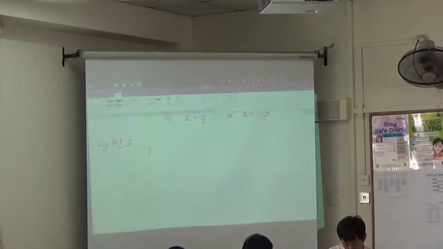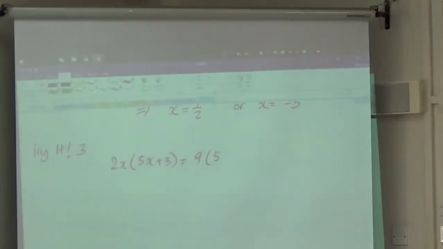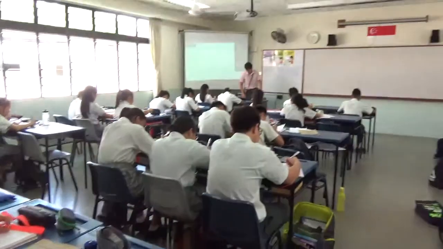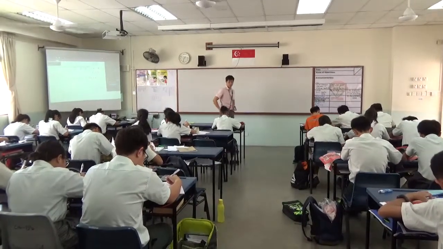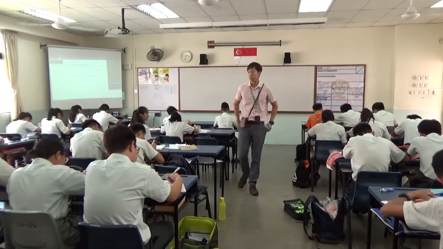So, I now want you to try Try It 3. Solve the equation 2x multiplied by 5x plus 3 equals 9 multiplied by 5x plus 3. Solve this. Again, this time I'll give you 2 minutes. We'll stop at 1:35. Try 3 at the bottom of your page.